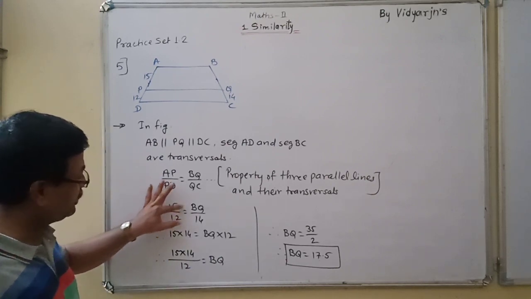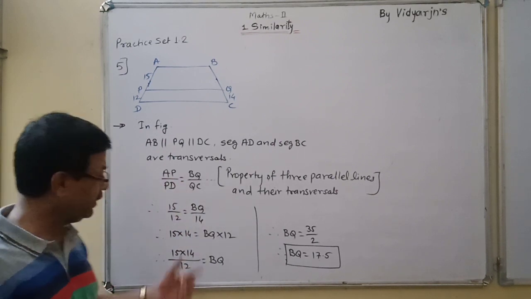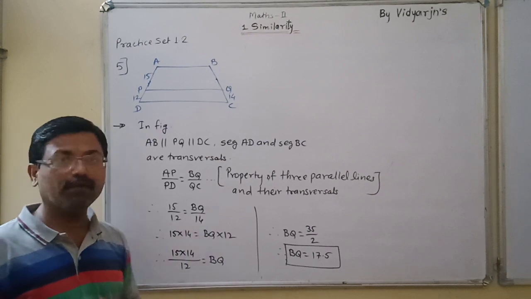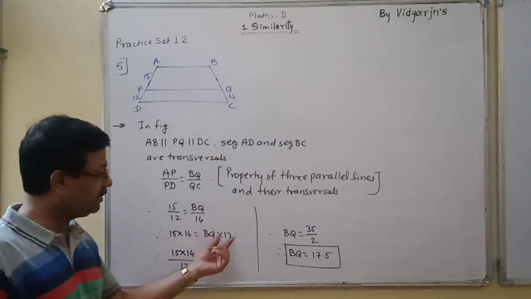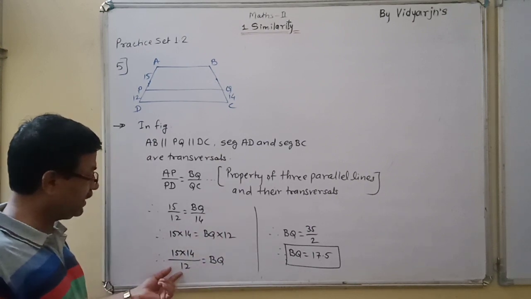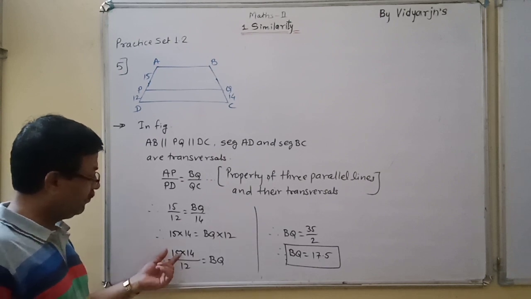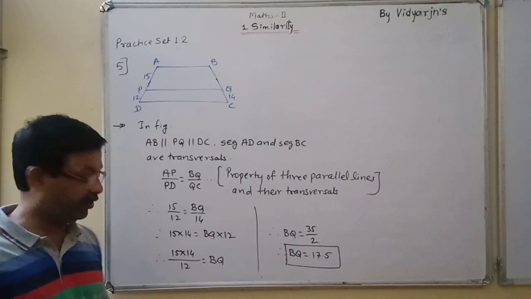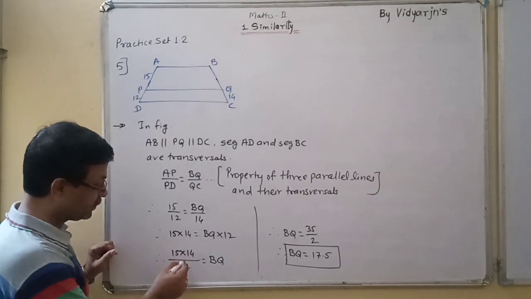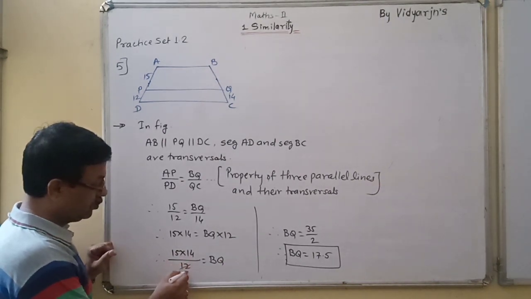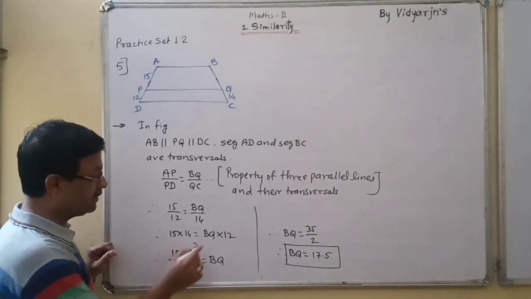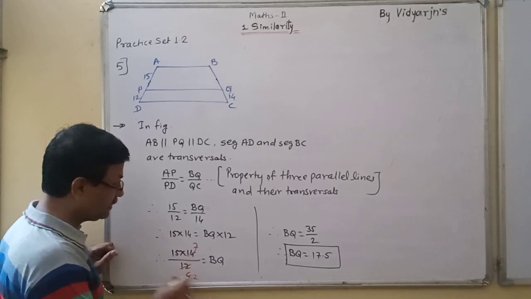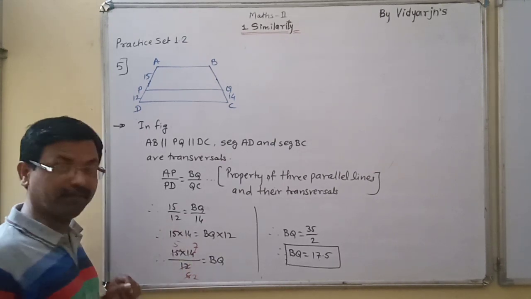Now put the values. 15 upon 12 is equal to PQ upon 14. Then cross multiplication: 15 into 14 is equal to PQ into 12. Now this 12 goes to the right hand side, as a denominator, so we get 15 into 14 upon 12. Now calculate it. 2 6s are 12, 2 7s are 14, and 3 2s are 6, and 3 5s are 15.